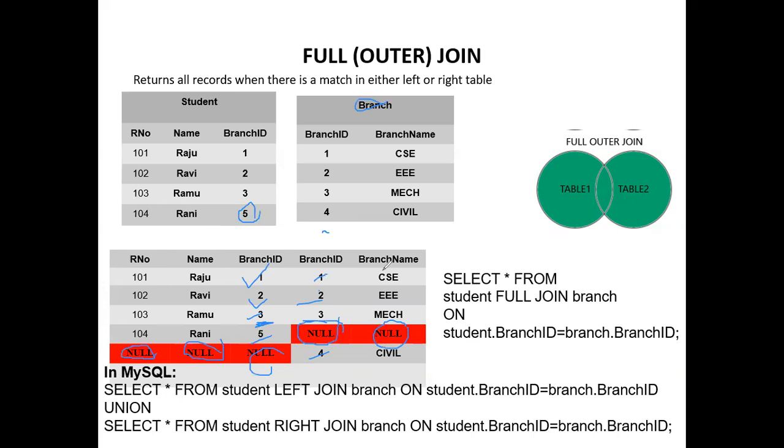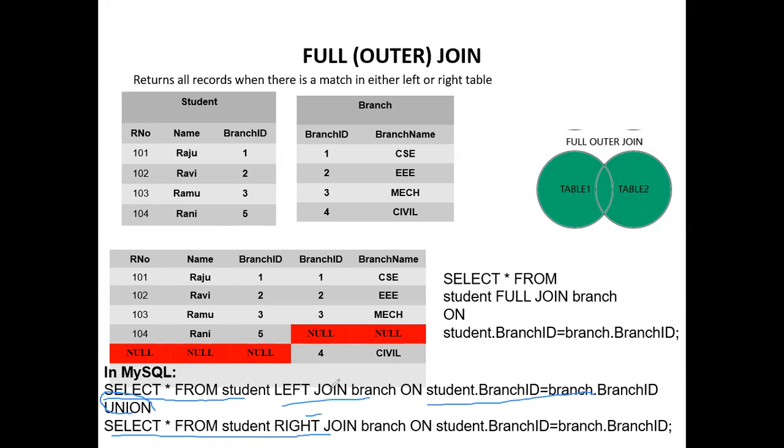This is simply the combination, or union operation, of the left join as well as the right join. So in MySQL we use the union operation for performing this full join. See here in MySQL: select all from student left join on the condition, then we are going to perform the union operation between the right join and the left join.